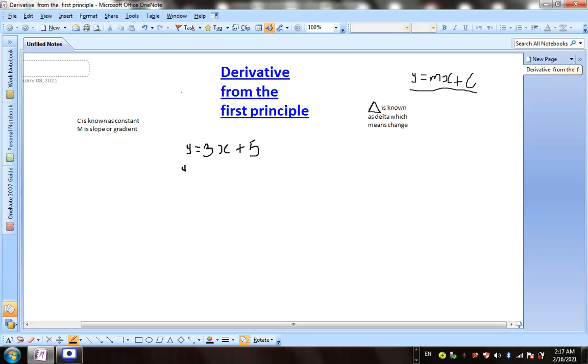Here we have y plus dy is equal to 3, and remember, you are only looking for change in x. So you have x plus dx, then plus 5.